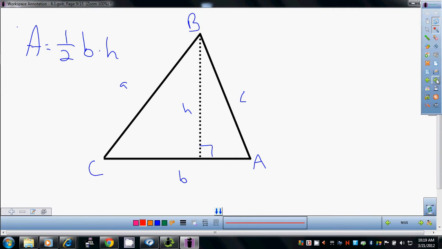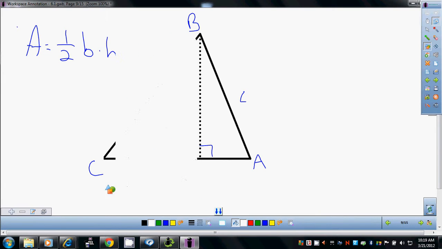What if you don't have the height? Here's a new formula I'm going to teach you for area of a triangle. What if I erased that part of the triangle? Now I have a smaller right triangle, don't I? But I still have h. This side is now h, just like it was in the big one.